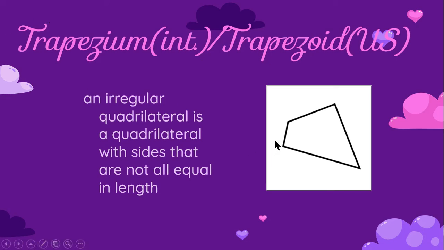So what is a trapezium? It is an irregular quadrilateral with sides that are not all equal in length. The only thing that matters here is that the sides are not equal or congruent.